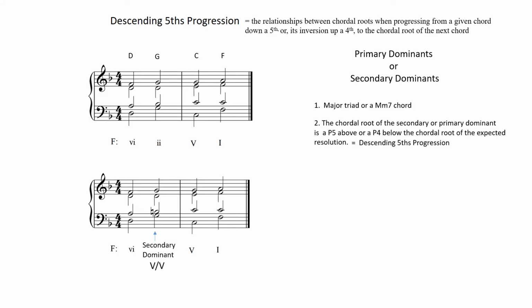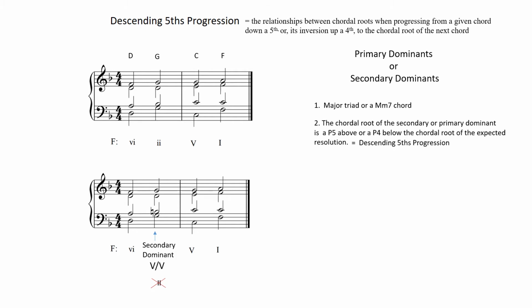The G chord is no longer a diatonic, supertonic 2 chord, but is a chromatic chord, a secondary dominant, a 5 of 5. It is not a major 2 chord, as the Roman numerals for secondary dominants, as discussed in prior videos, do not equate to the scale degree that represents the chordal root. In this case, scale degree 2 is the chordal root, but it would be incorrect to label the chord as a major 2 chord.